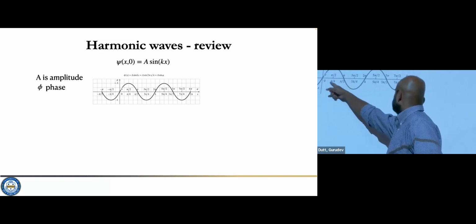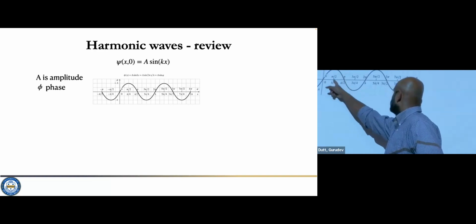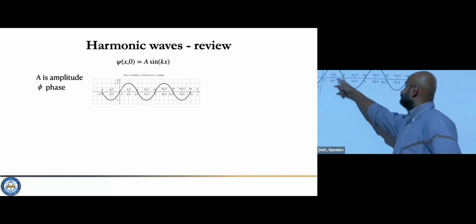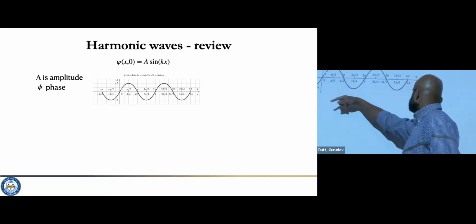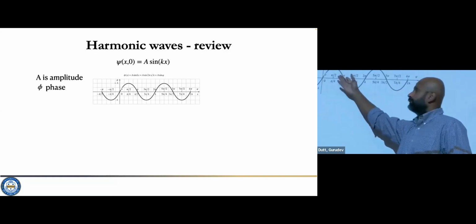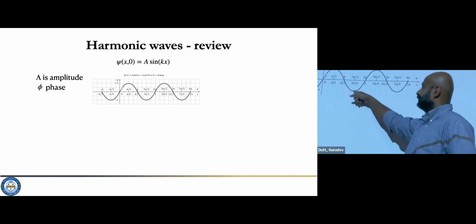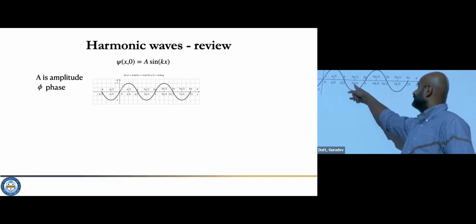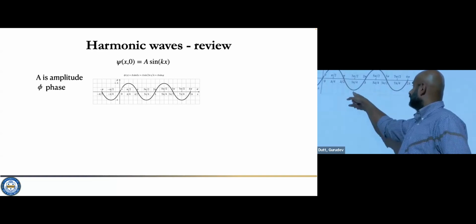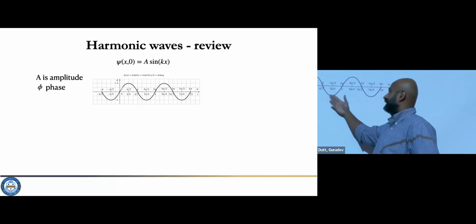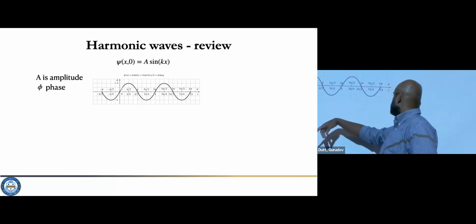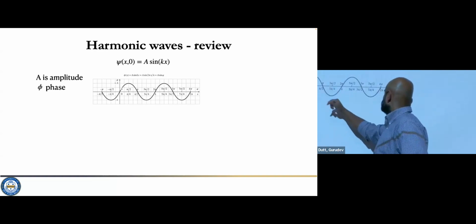When x equals λ/4, then kx will take the value π/2, where the sine wave is at a maximum, +A, and then at π it will be 0 again. Then at 3π/2, which is at x equal to 3λ/4, it will be at a minimum, or negative maximum, −A. So there are some important points.